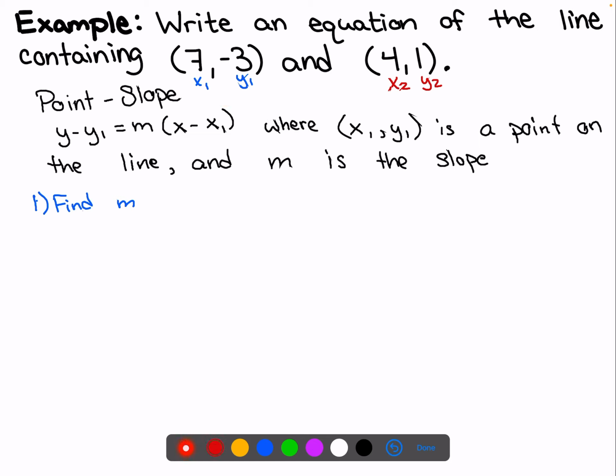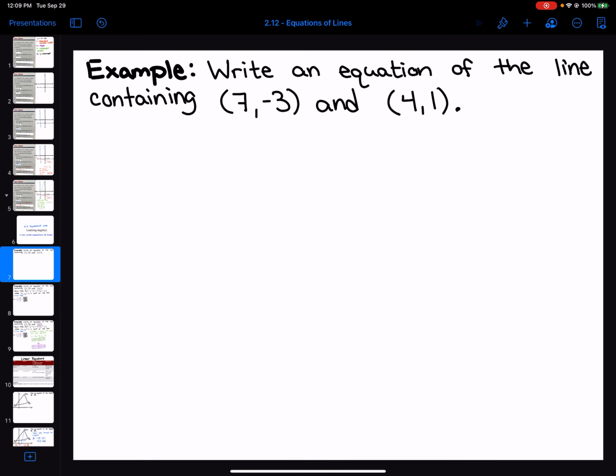So from here, we can use our slope equation, which is m is equal to y2 minus y1 over x2 minus x1. This will give us 1 minus negative 3 over 4 minus 7.